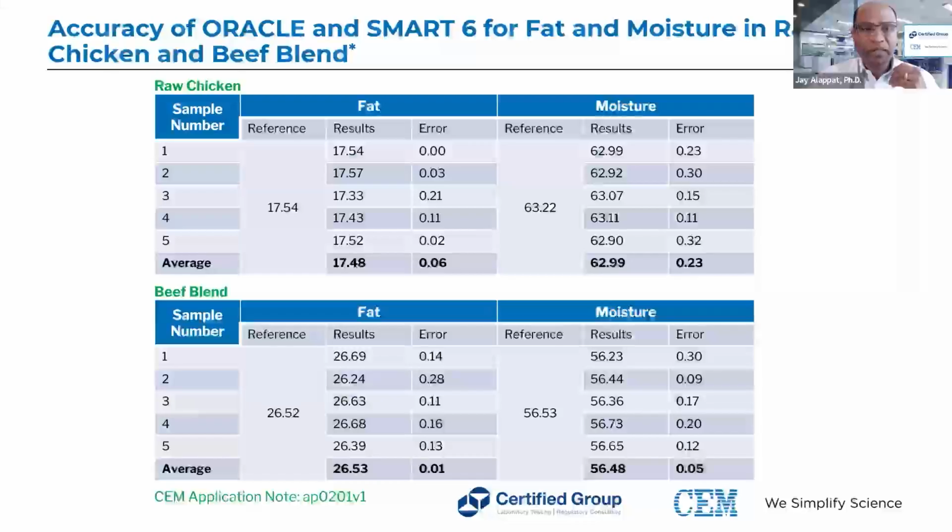Then for beef blend it is 0.01 and moisture 0.05. So for raw chicken, the average results differ only about 1/600th of a percentage, and that's very insignificant. So those differences, whether it's fat or moisture, are insignificant.